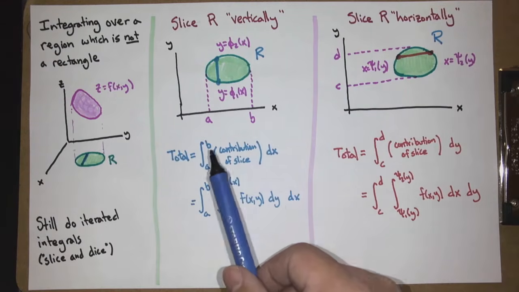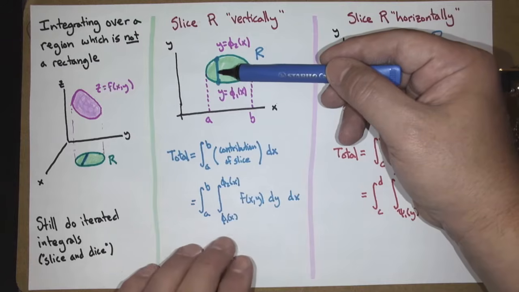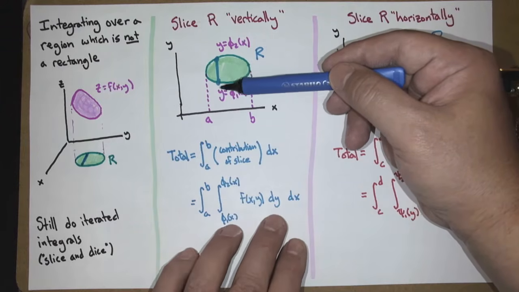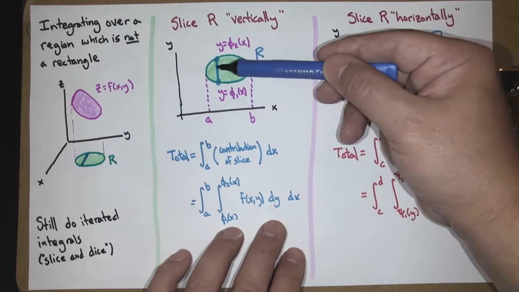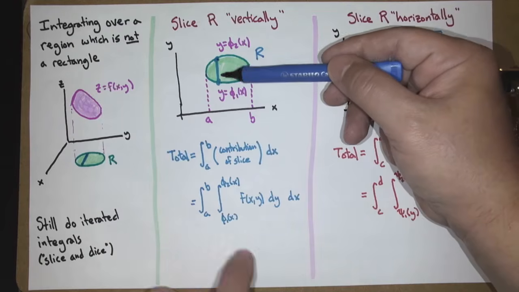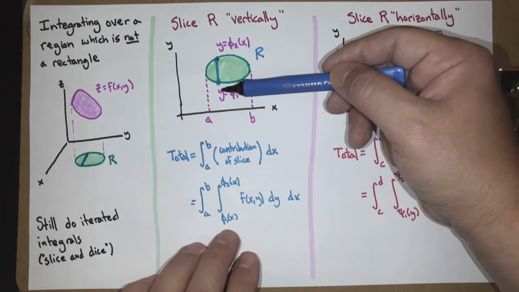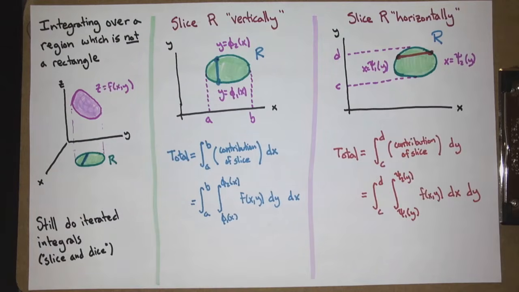But what's the contribution of the slice? Well, what are our bounds? We're integrating with respect to y, because we're changing y. We go from the bottom to the top, or if you like, top minus bottom. And so that's why you see these functions, phi1 of x, phi2 of x.